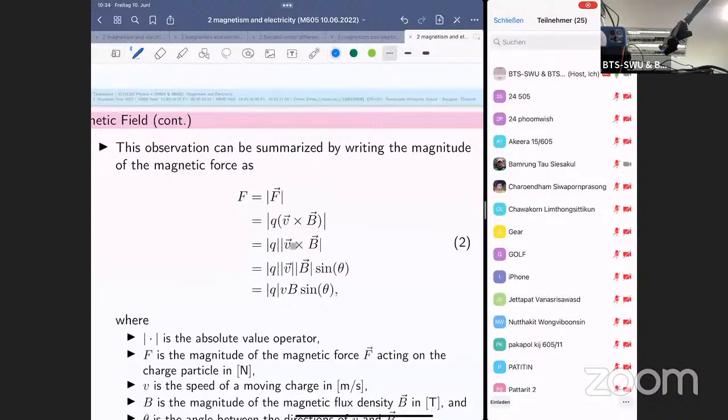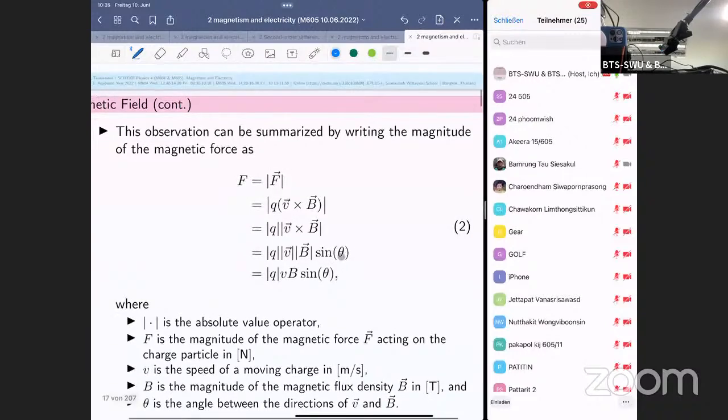And from the theory of vector cross product, the absolute value of the cross product can be decomposed into the absolute value of the vector v, the first vector, and the absolute value of the second vector B. Apart from that, we have the sinusoidal function of the angle. The angle of what? The angle between v and B, between the two vectors.